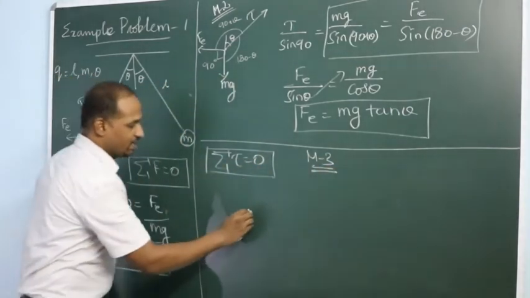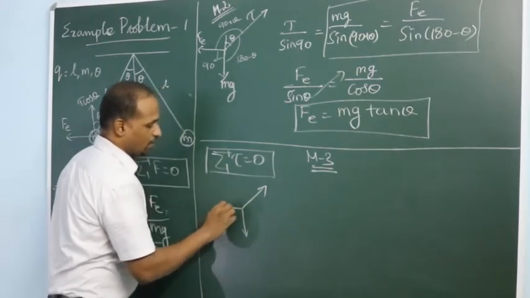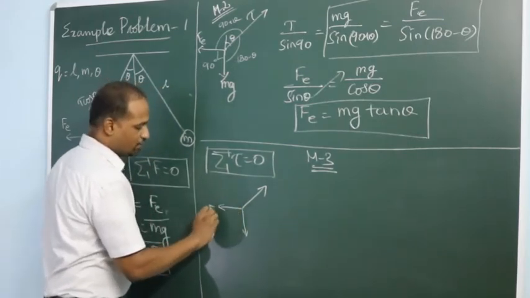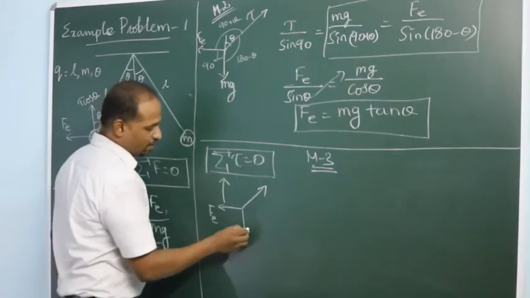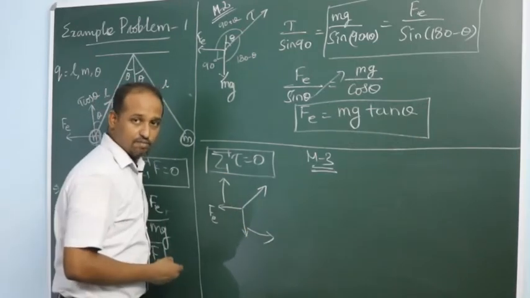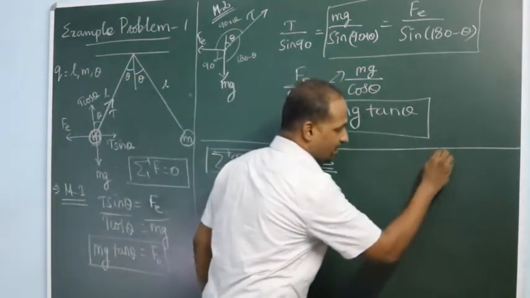What happens here is, this electrostatic force tries to make the system move this way, but the gravitational force tries to make the system move this way. And let us have this diagram very clearly.